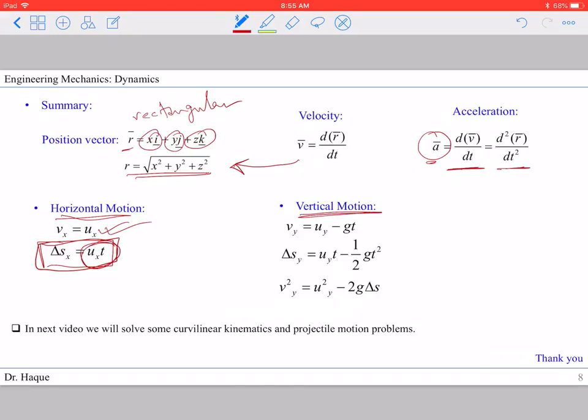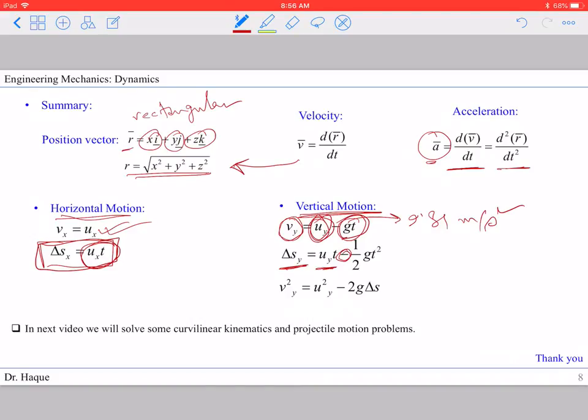For vertical motion, it is a little bit more complex, but almost the same as what we derived in lecture 1. The y component velocity equals the initial velocity minus gt, where g is the gravitational acceleration, 9.81 meters per second squared. The y direction displacement would be the y component of the initial velocity multiplied by time minus half gt squared.